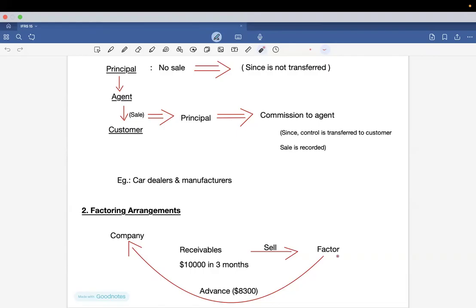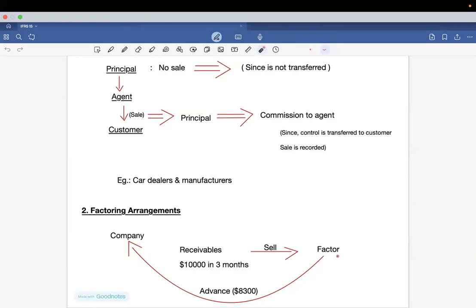Here, what we do is we have 10,000 receivables from the customer. We can get it in 3 months, right? So instead of collecting this ourselves, we are actually giving it to somebody else. And that third party would pay you the 10,000. Maybe they would give you an advance of 8,300.